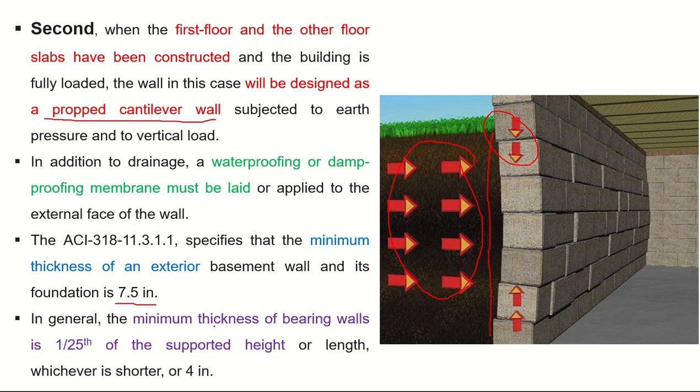In general, the minimum thickness of bearing walls is 1/25 of the supported height or length, whichever is shorter, or 4 inches. So if the height of the wall is, for example, 10 feet, it should be 1/25 of that 10 feet.